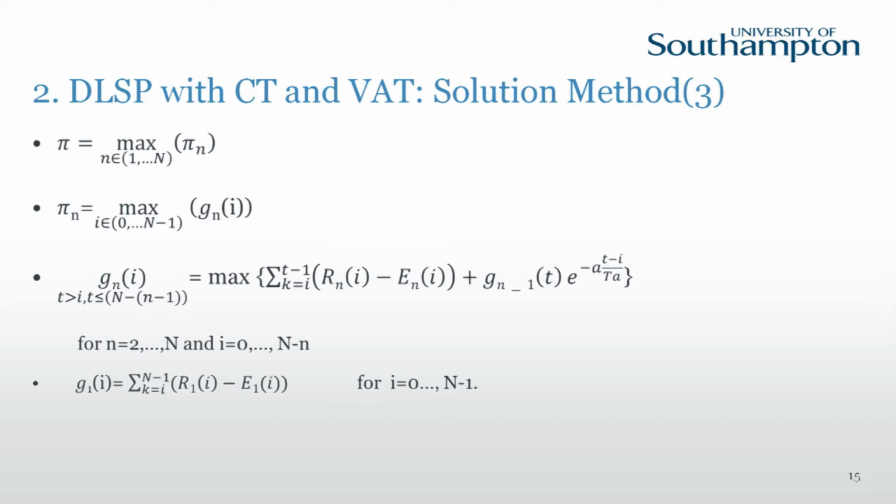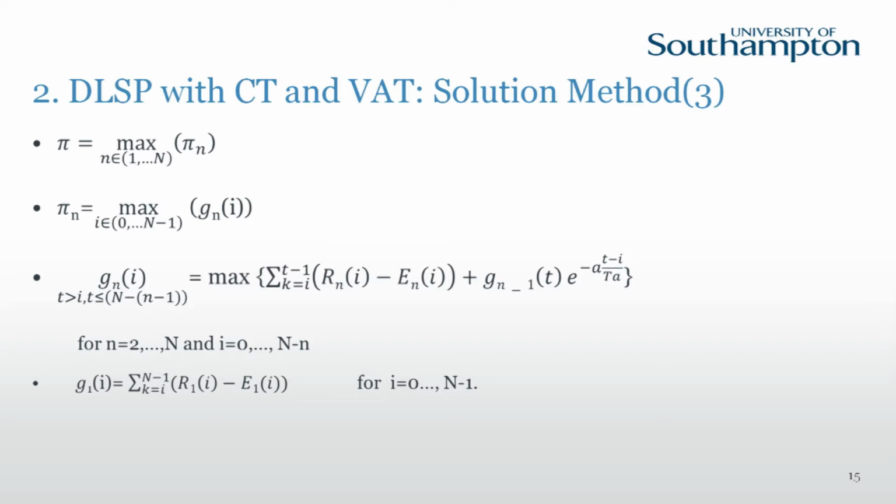But in our problem, we calculated the time value of money inside. So every term, like the revenues and the costs, is re-evaluated by the discounting factors. So we're looking at which n can give us the maximum value, and when n is fixed, which node can give us the maximum profit.